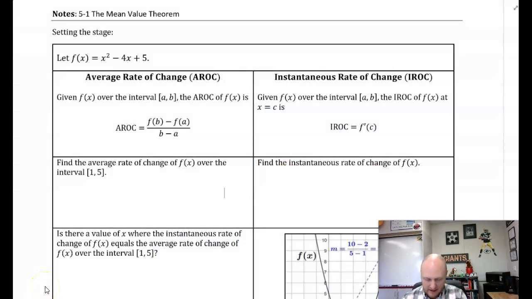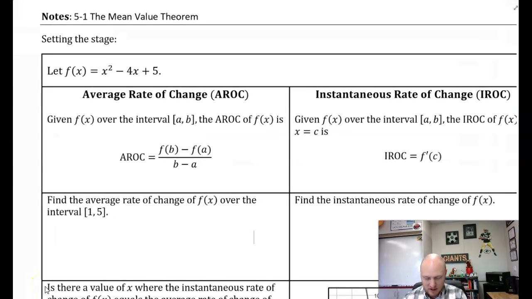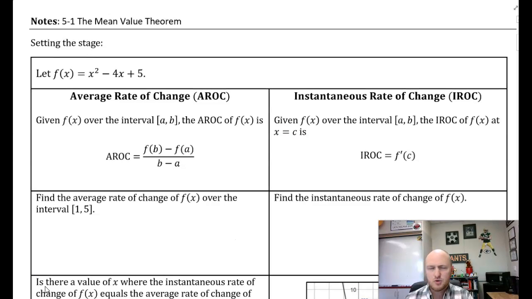So we're going to go ahead and set the stage, and I'm going to talk about two types of change, which will get us started with the mean value theorem. The two types of changes I'm going to talk about: average rate of change and instantaneous rate of change. Now remember, the average rate of change, given a function over an interval, is the slope of the function over that interval.